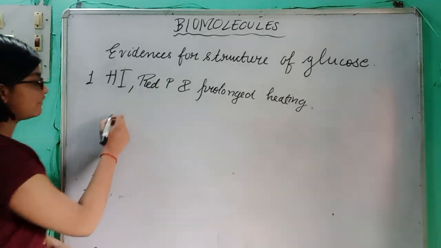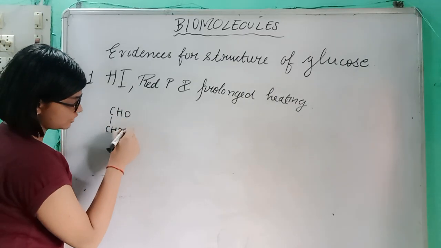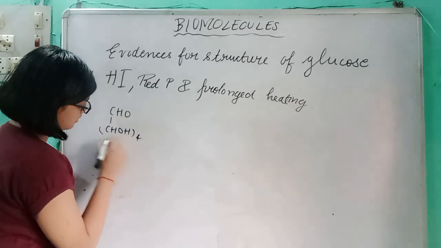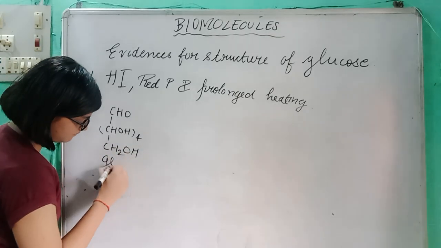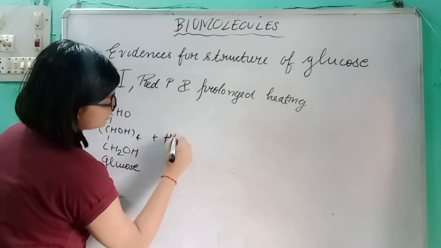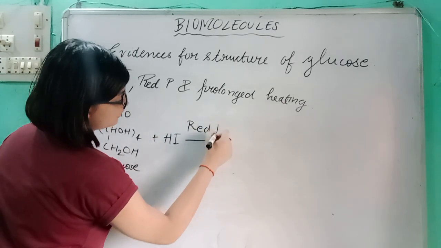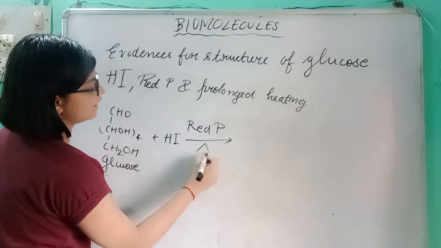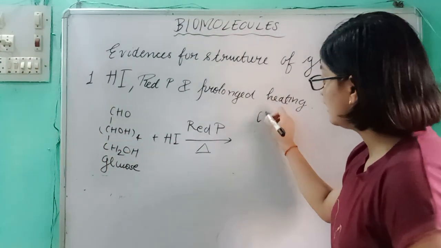So, when CHO, CHOH whole 4, CH2OH, that is our glucose, reacts with hydrogen iodide in the presence of red phosphorus accompanied by prolonged heating, then n-hexane is formed.